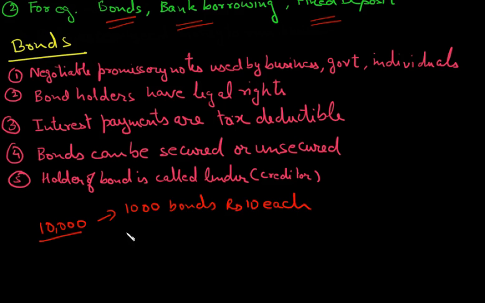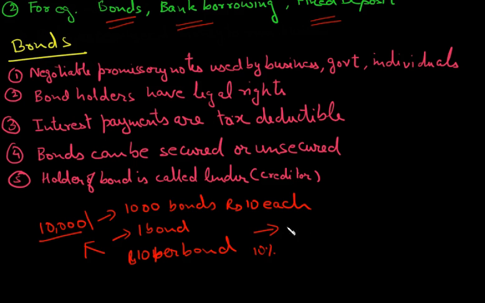Suppose there are 1,000 investors who are willing to buy one bond of this company. They will give rupees 10 to the company per bond, and in this way the company will be able to borrow 10,000 rupees from 1,000 investors, and it will be able to purchase that machinery. After 1 year, suppose the rate of interest is 10%.